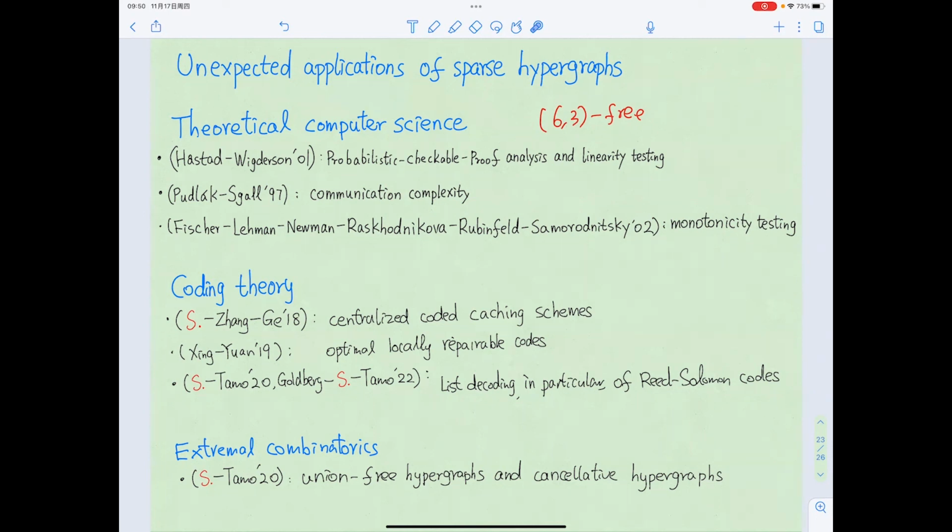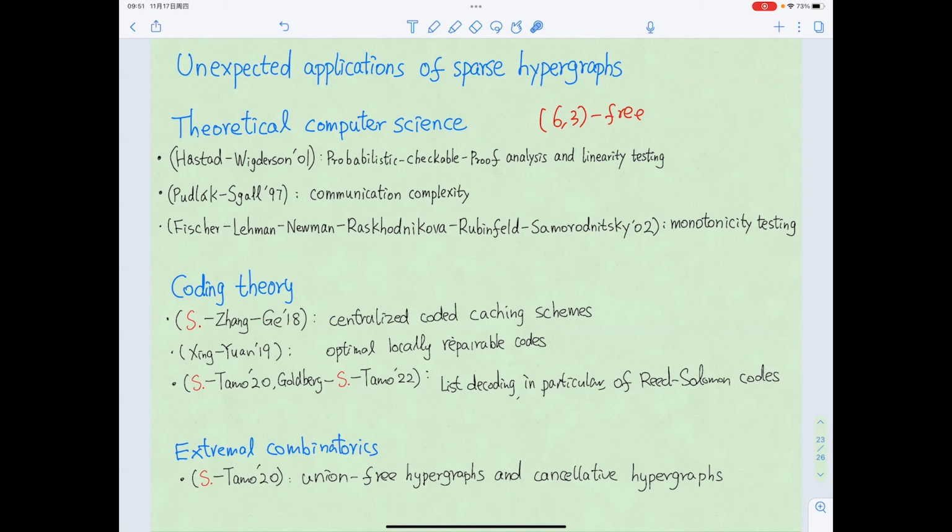In their work, they found a connection between such codes and sparse hypergraphs, or more precisely, they used hypergraphs with no short Berge cycles to construct these codes. And sparse hypergraphs also have some applications in list decoding, in particular the list decoding of Reed-Solomon codes.